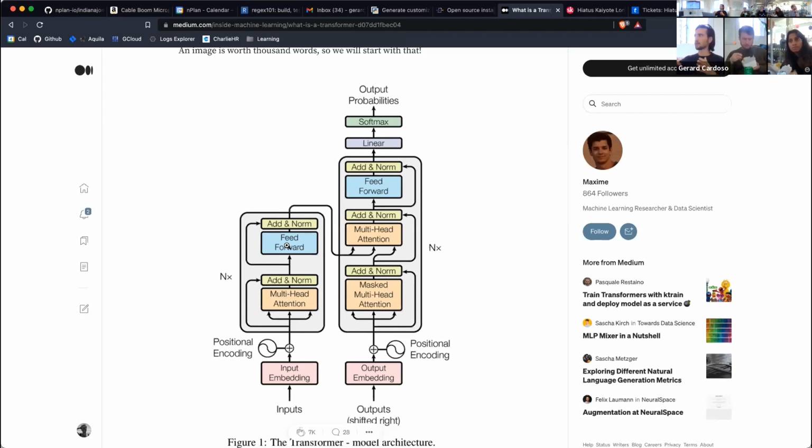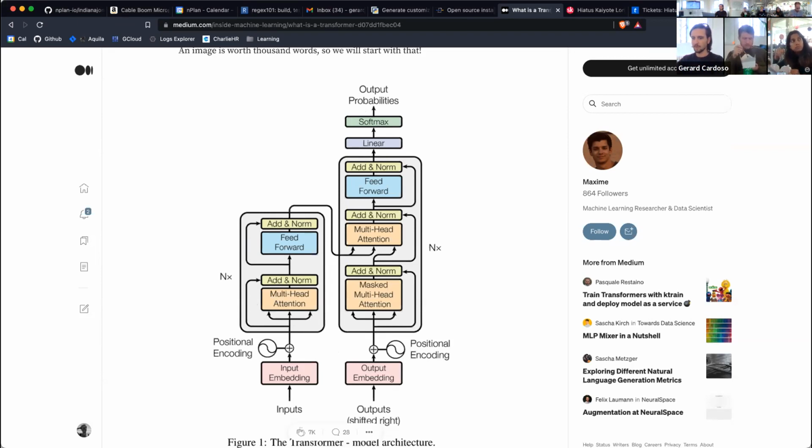And it does this repeatedly, and then also does it on the decoder side. So you pass the embeddings, and then it decodes into the output probabilities. So the two key components we'll talk about are the attention layers and the feed forward layers, which are repeated across all of the transformer models.